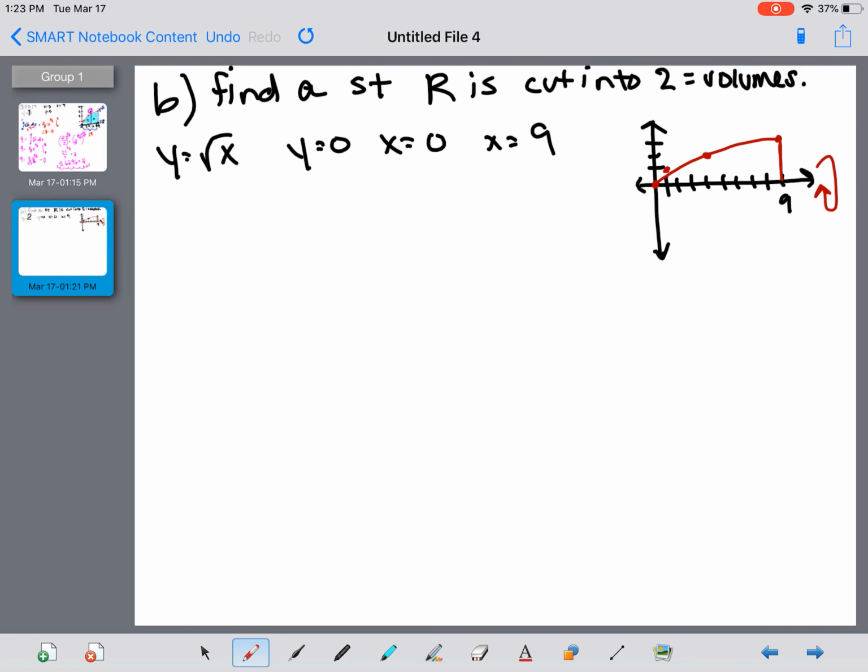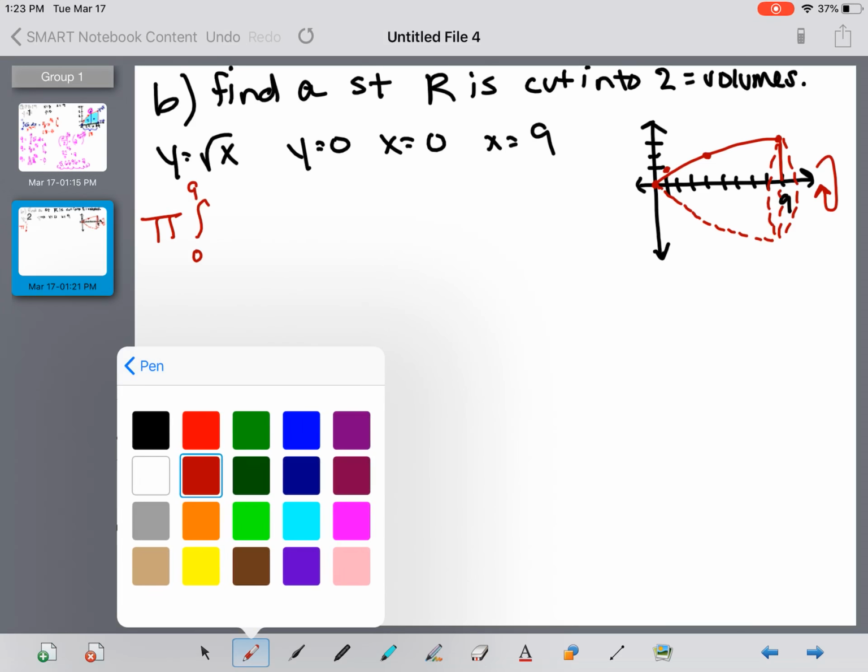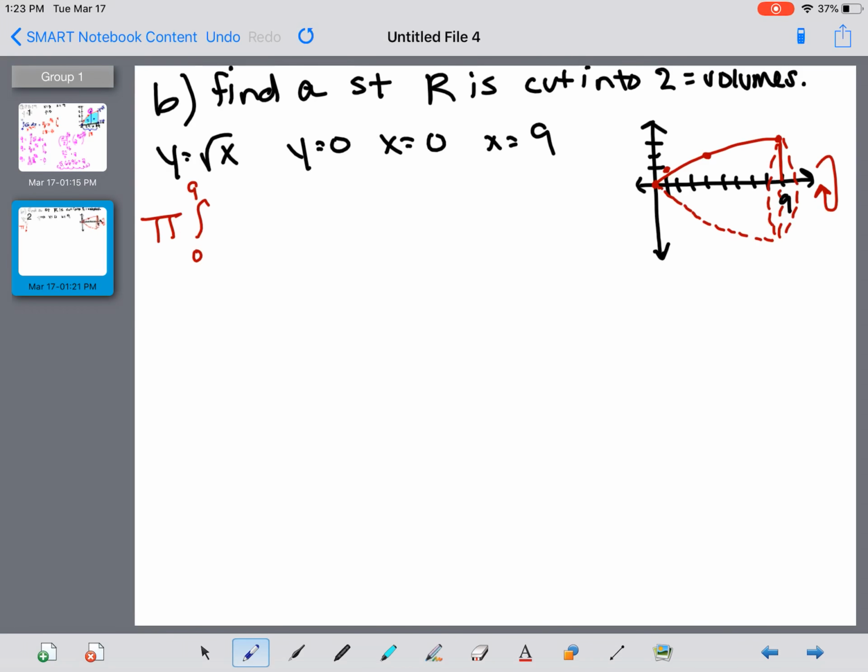So we know that this volume function is going to be pi times the integral from 0 to 9. And then all we have is big R. Remember, this is going to end up looking like that when it rotates. So big R is going to be our value from here to our line of rotation.